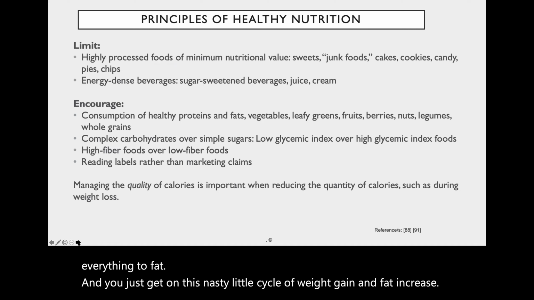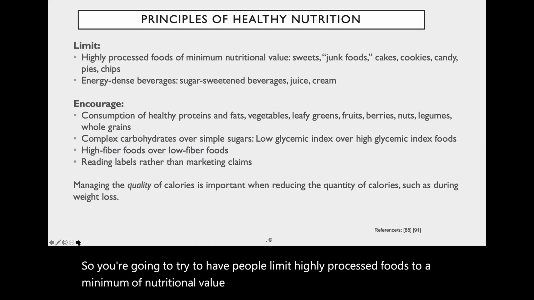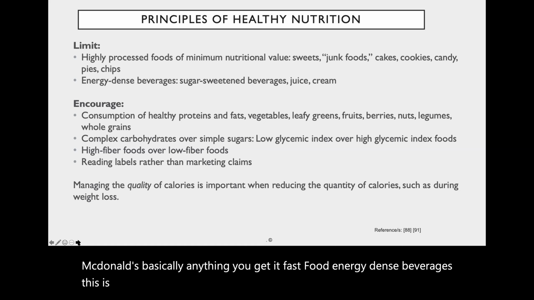So you're going to try to have people limit highly processed foods of minimal nutritional value. Sweets, junk foods, candies, cookies, chips, McDonald's, basically anything you get at fast food. Energy dense beverages. This is my favorite because it's pretty easy to get people to do this.